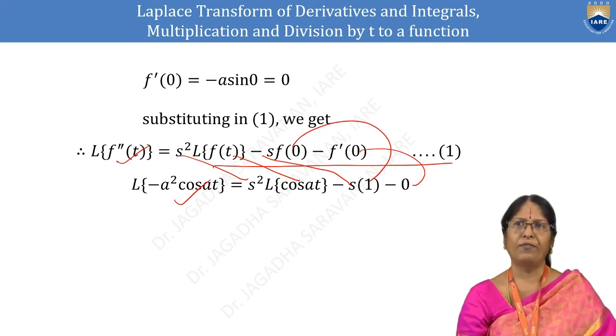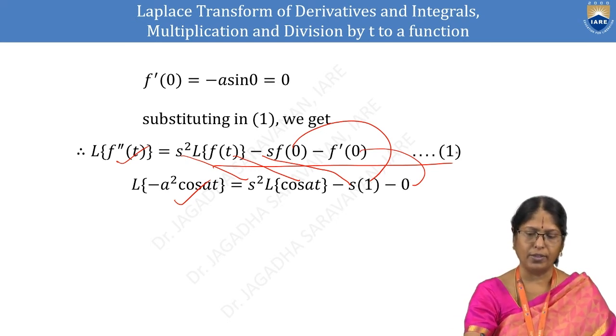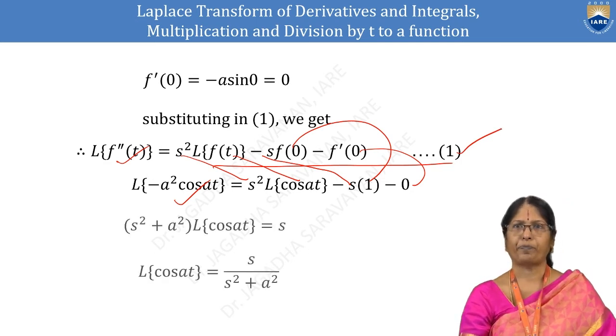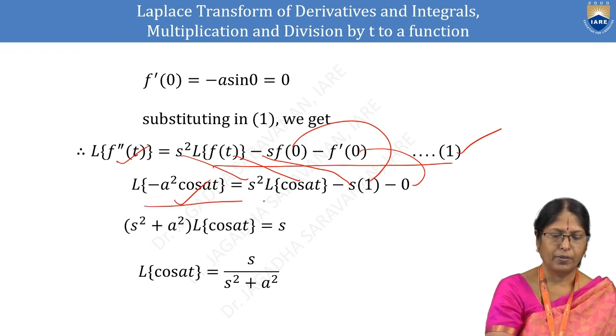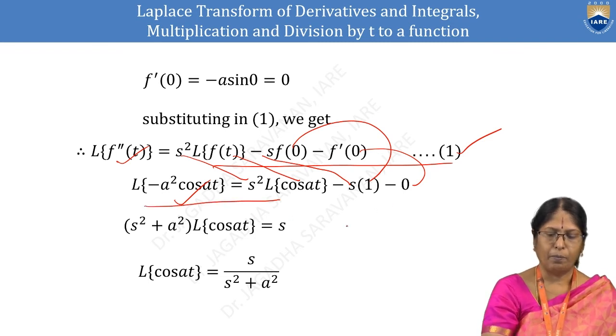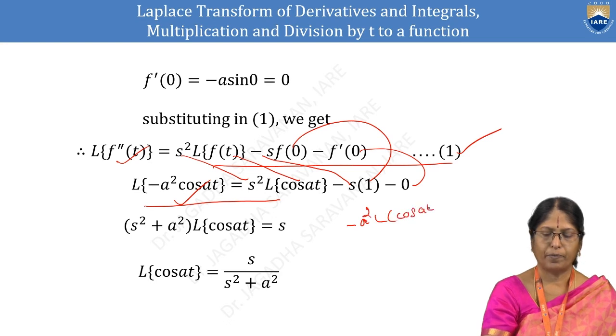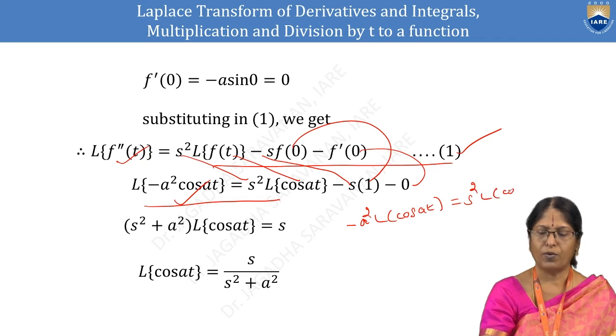So we substituted all the values in this equation 1. The next one is minus a square L of cos at equal to s square L of cos at minus s.